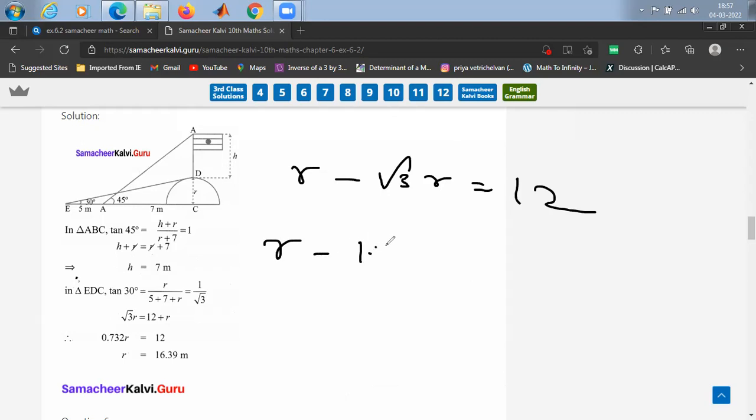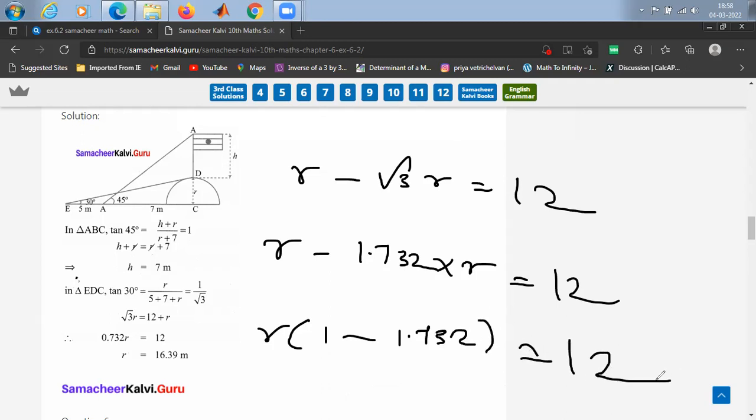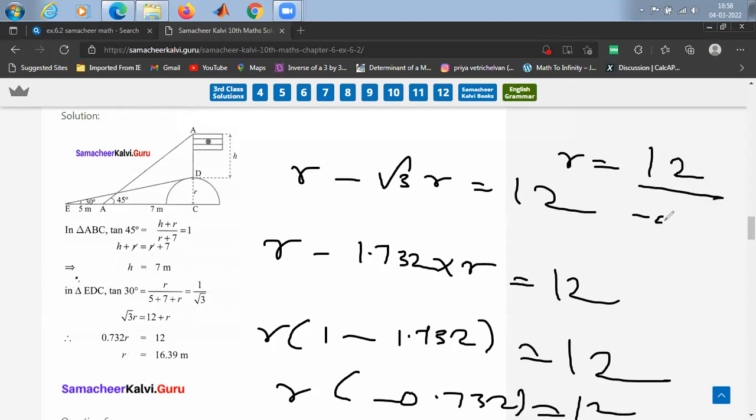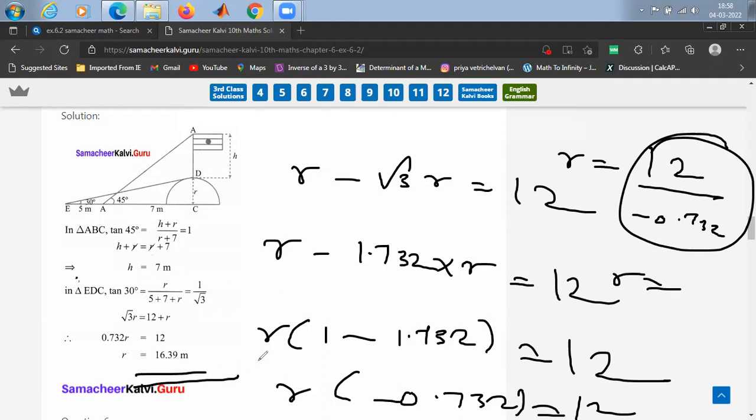That's R minus 1.732 into R equal to 12. Take the R as common, it's going to be 1 minus 1.732 equal to 12. So R into minus 0.732 equal to 12. So the radius is equal to 12 upon negative 0.732. Radius cannot be negative, so you can remove the negative sign. And R is equal to 16.39. Can you follow this?